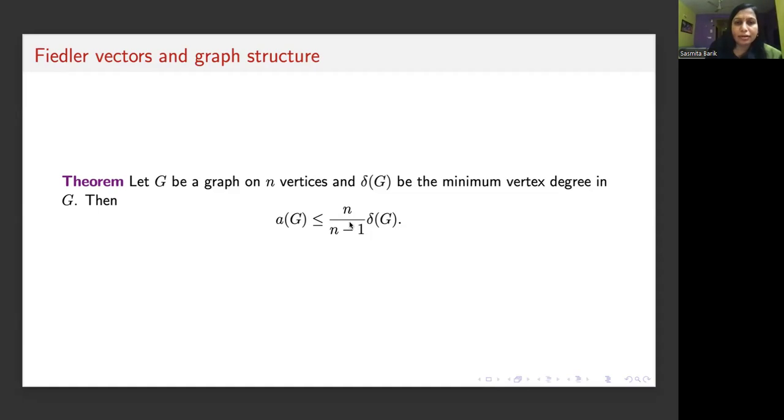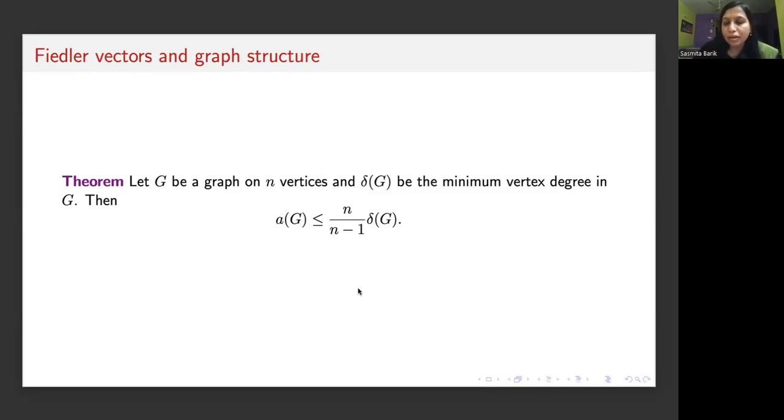There are also lower bounds in terms of edge connectivity and so on. So it reflects that if you have larger degree vertices or more edges in the graph, your algebraic connectivity is more, and it's less if the graph is not much clustered. So it's related very much to the graph structure.